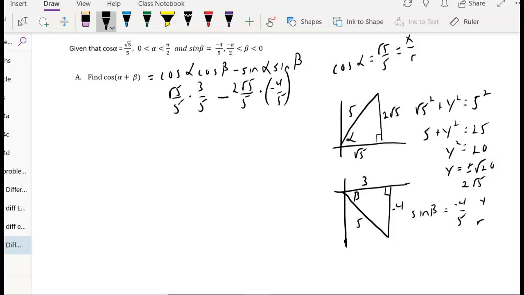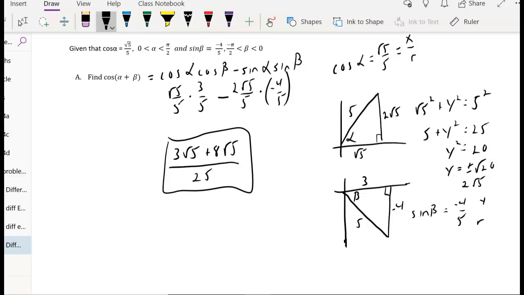A little bit of simplification: these both have a denominator of 25, so this is 3 rad 5. And the other one is going to be a minus and a negative, so that's going to be plus 8 rad 5, all over 25. You can leave it like that. You could, if you want, pull out the rad 5.